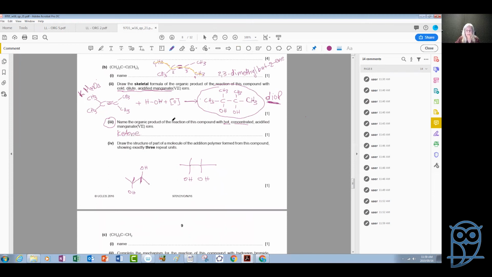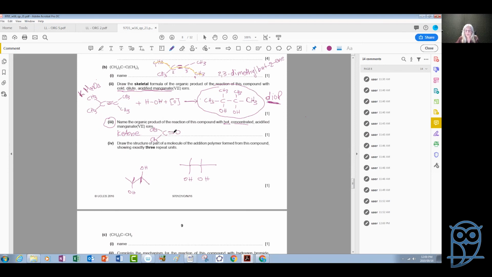Because remember, we have this product, and these are two methyl groups. This will go away, and we'll have here the oxygen instead of these other two methyls. So our compound is actually this type, and this will be the oxygen. You see, the ketone here is the carbonyl group.